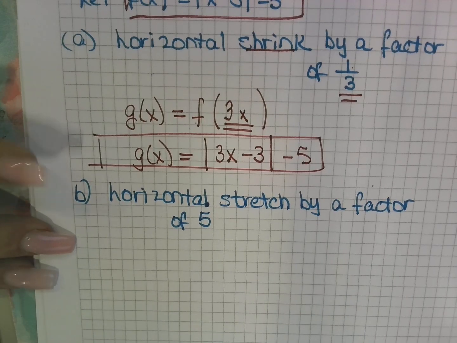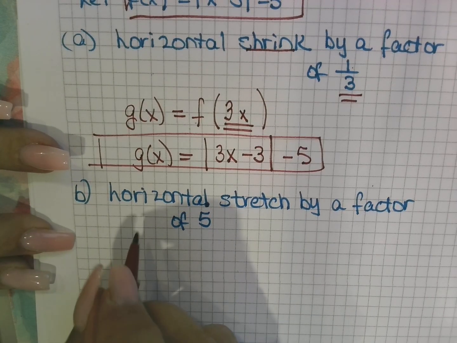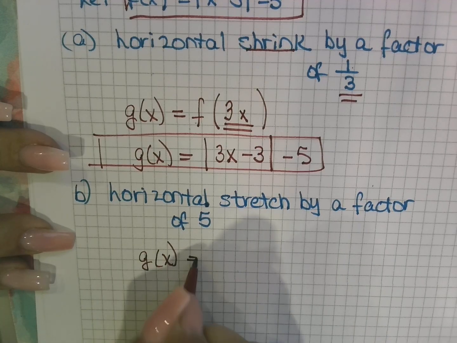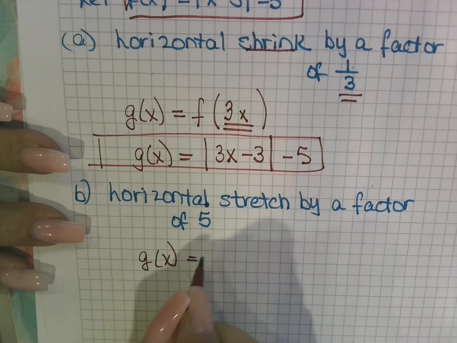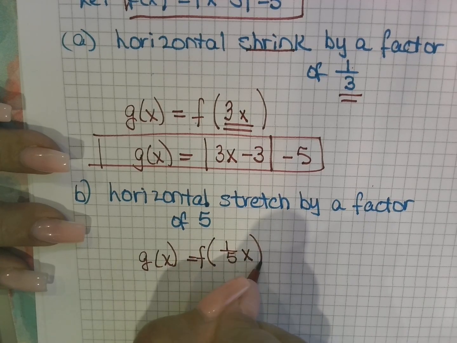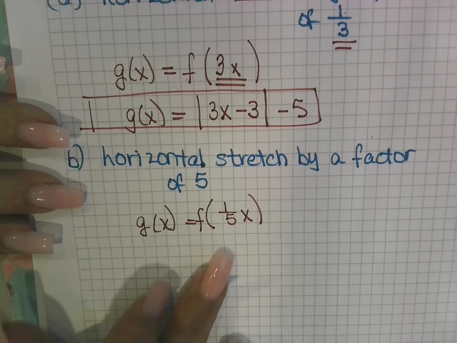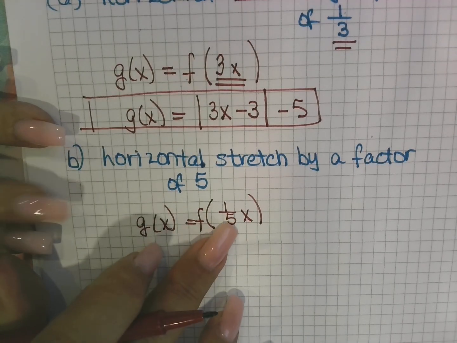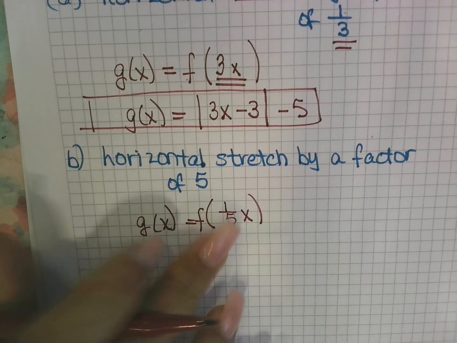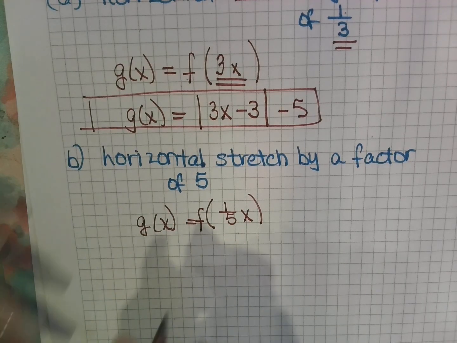So once again, this is going to be g of x. If it's a stretch by a factor of 5, this is actually going to be f of 1/5 x. Again, it looks like it would be shrinking because it's a fraction, but this is really a horizontal stretch by a factor of 5.